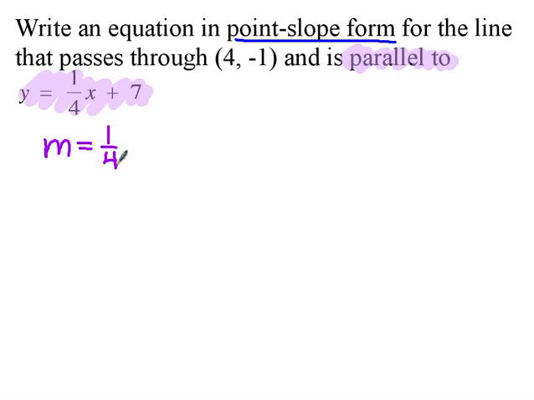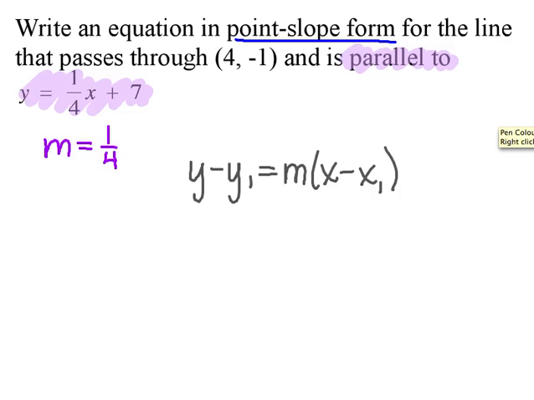Now this one said point-slope form. Point-slope form, if you remember, is y - y1 = m(x - x1). So I'm going to sub in what I know. Remember from yesterday, I start with y, right? Then I look at my point here.